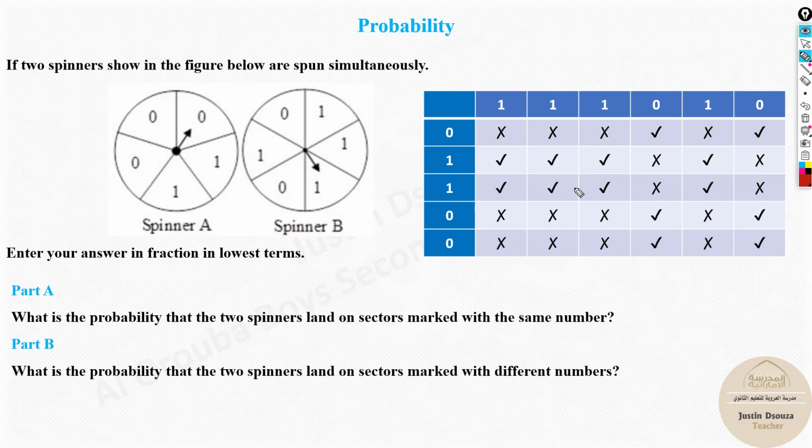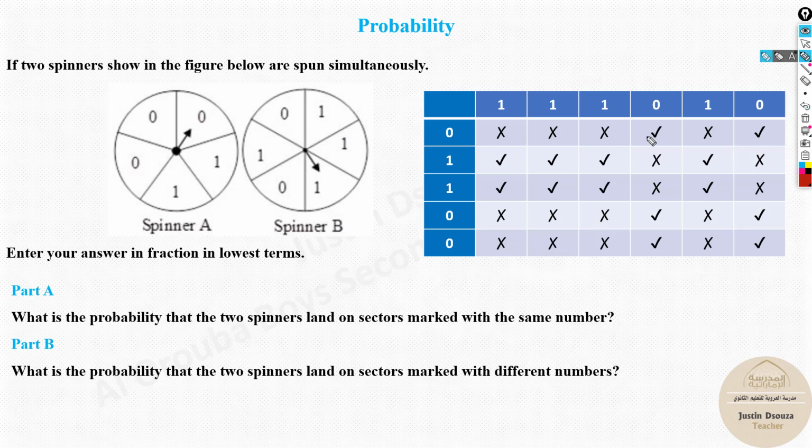You can see when it's 1, 1, same numbers, it's marked, or if it's 0 and 0, it's marked right. That's a tick mark. So now for the first part, we need to find when they are on the same numbers, right? Let's count all the possible outcomes for the same numbers.